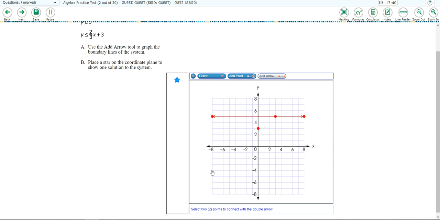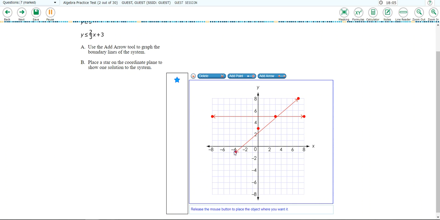Add arrow. I'm trying something here. I don't know if this is going to work. Okay, doesn't look like that worked, but I'm going to try to move it. That's not going to let me. Remember, I'm supposed to go to negative 4.5.